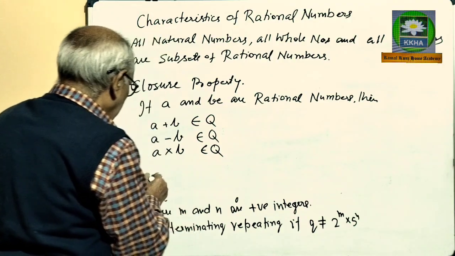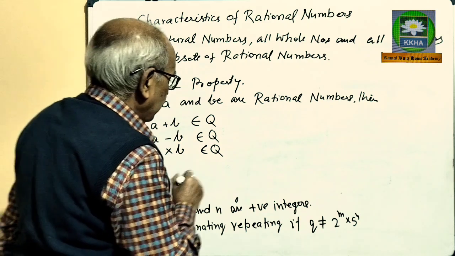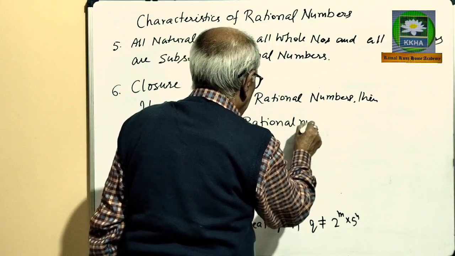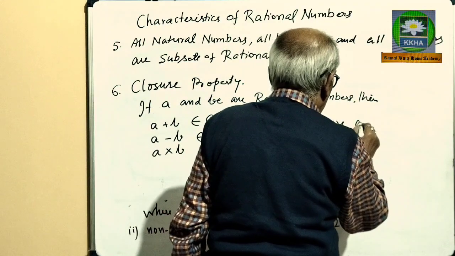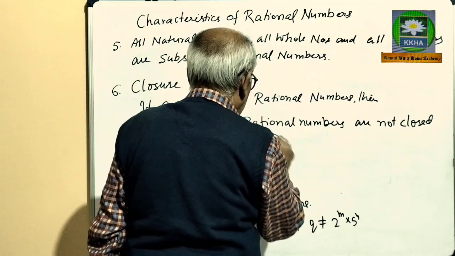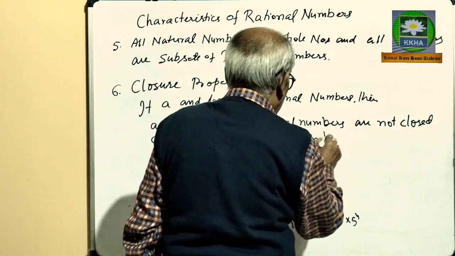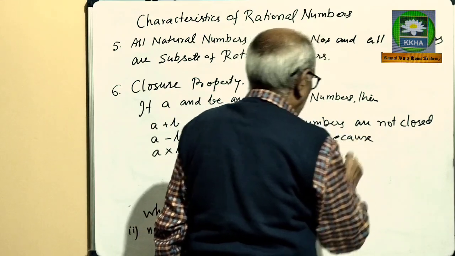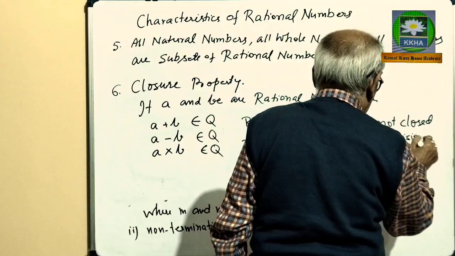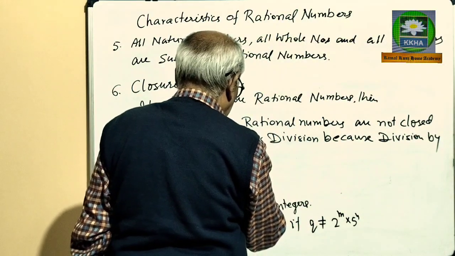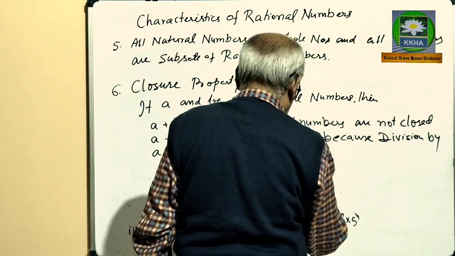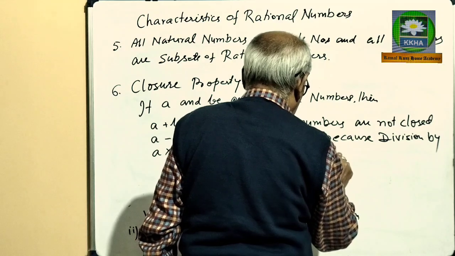But it is not closed for division. Reason is: rational numbers are not closed for division because division by 0 is not defined.